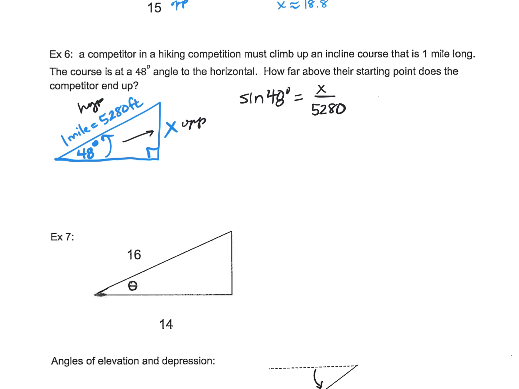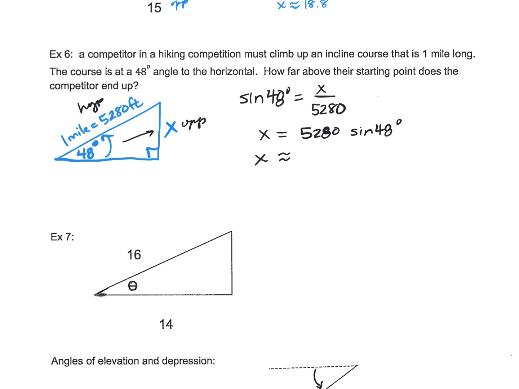We could have done it in miles. It doesn't matter either way. So if we solve for X, we get 5,280 times what? Sine of 48 degrees. Put it in your calculator and tell me how many feet it is above the starting point.